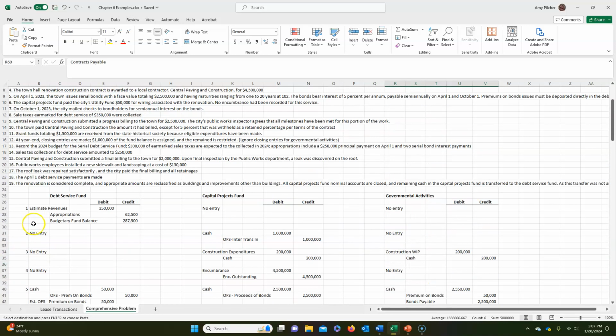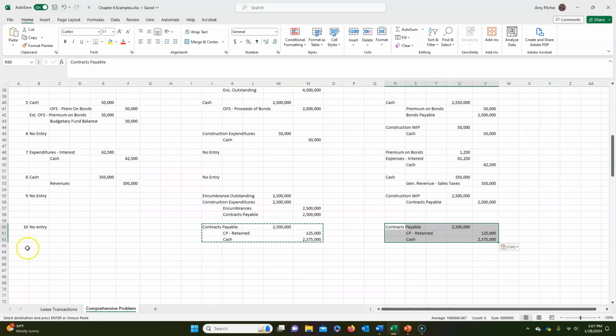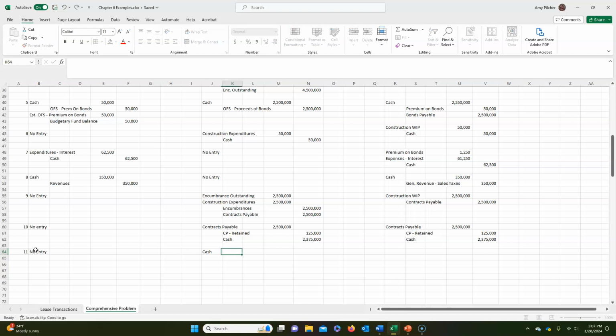Okay, transaction 11. So 11, grant funds totaling $1.5 million are received from the State Historical Society because eligible expenditures have been made. So we have 11. We have no entry in the debt service fund, except we have cash of $1.5 million and revenues in the construction project fund.